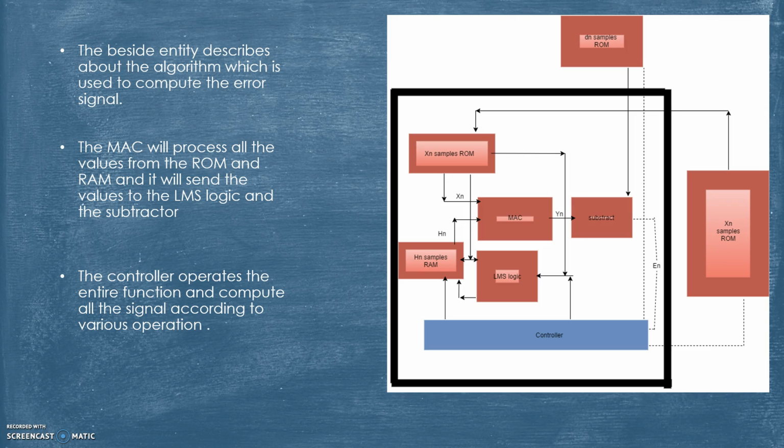As such, an LMS engine is created where the entire calculation will be taking place, and you can see there is a controller over there. The controller's role is to control each and every signal which is coming into the algorithm and which is going out of the algorithm. So the controller controls everything in the design.